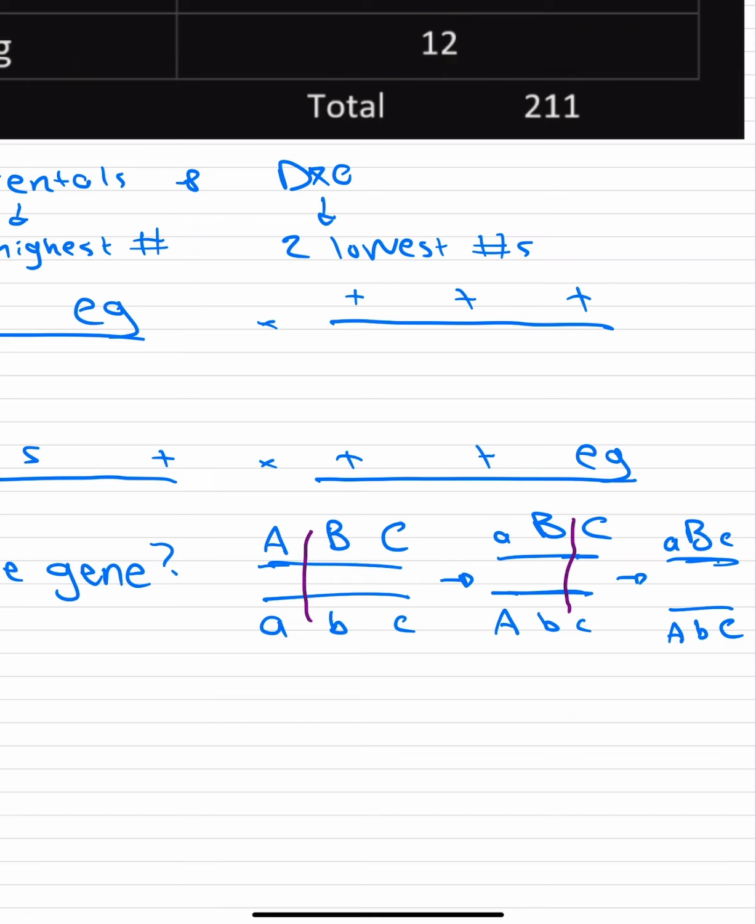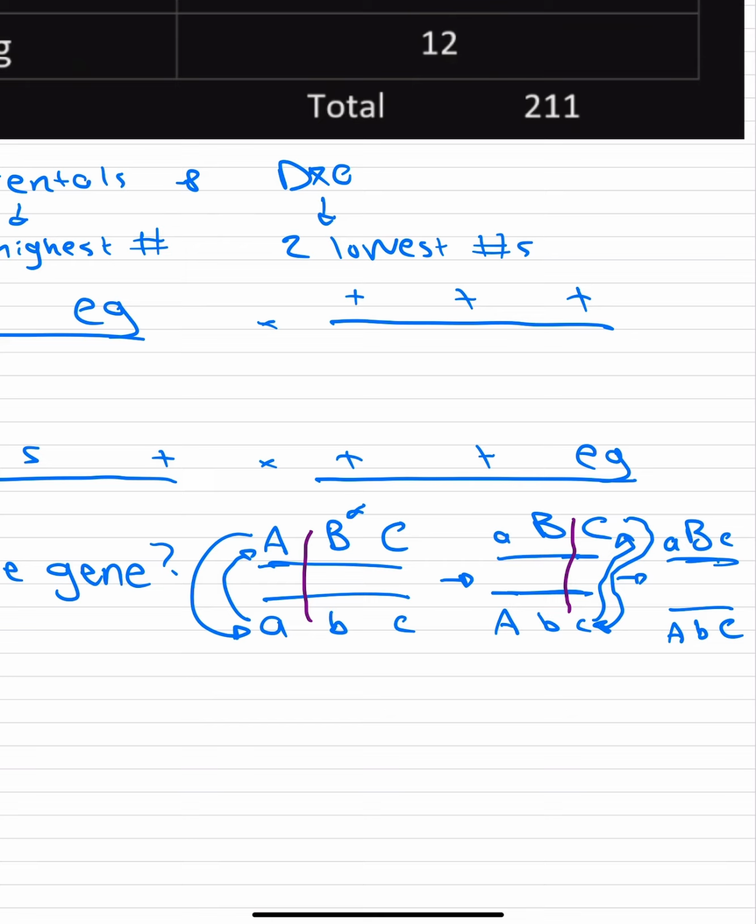Now if we compare the original genotype and the final genotype, it appears that B, the gene in the middle, is the gene that flipped. Whereas we know that A flipped with A, and little c flipped with the position of big C, and big C likewise flipped with the position of little c, and that resulted in us having this genotype.